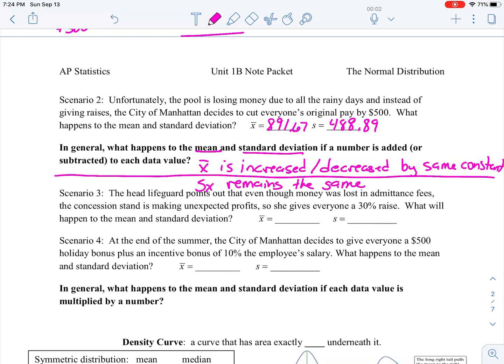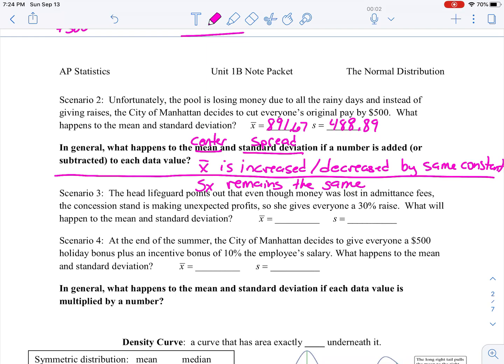However, it actually affects more than that, okay? So when we talk about standard deviation here, it is a measure of spread. This is going to be spread, this is going to be center.